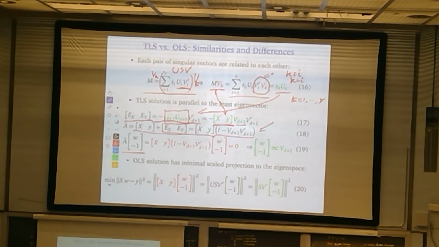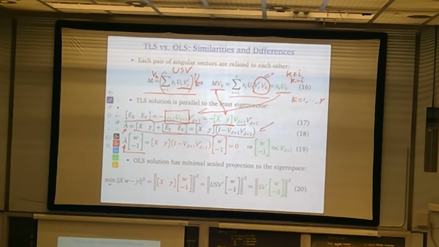But then the total least squares solution, after you made the adjustment, that is for the tilde A, it lives in that linear space. It must satisfy this times some W and -1 equals 0, right? We are seeking the adjustment so they're perfectly linearly correlated.